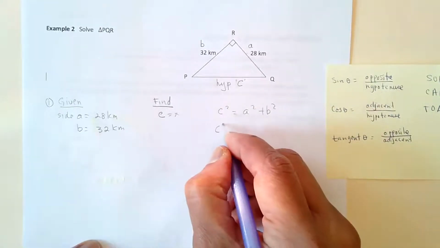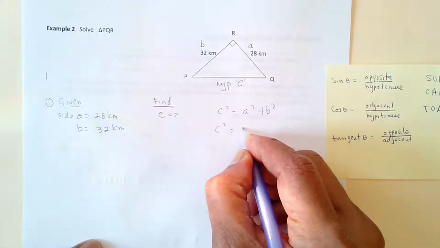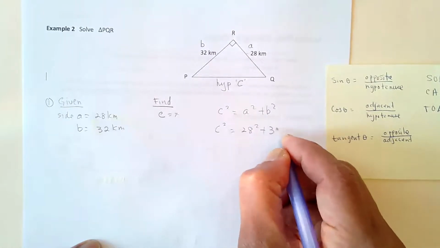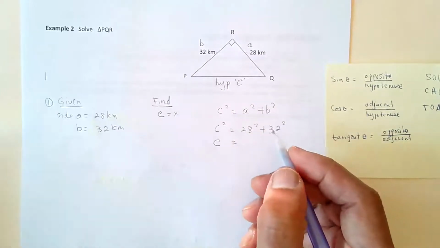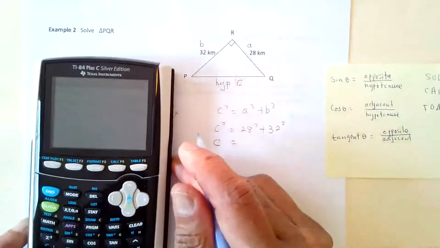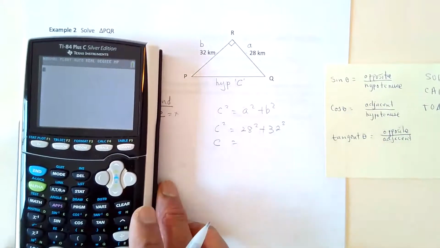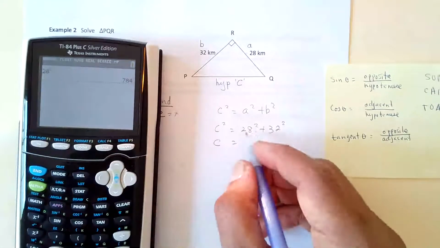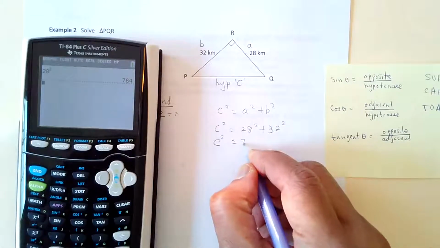So C, we don't know, is equal to A squared, which is 28, plus 32 squared. So let's do each part. So I have 28 squared. And I'll just do it in detail. We'll see 784.